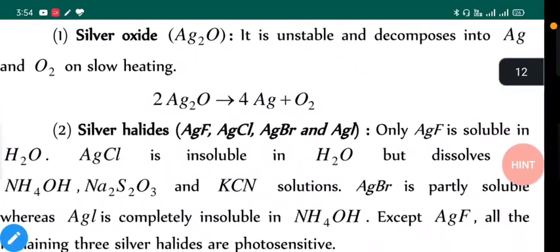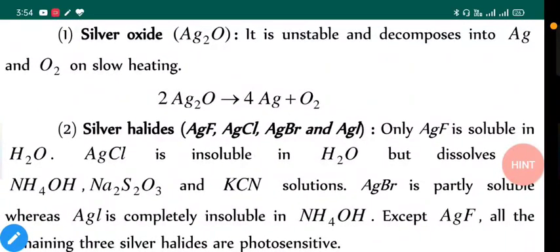Now compounds of silver. First, silver oxide. It is unstable and decomposes into silver and O2 on slow heating because it is noble. Noble means mostly it will try to remain in its metallic atomic state. So if we have a compound and you provide a little amount of energy, then it will start converting itself into the atomic state. In this case, silver is in +1 oxidation state, but after the reaction it gains electrons from the oxygen and you will get silver metal.